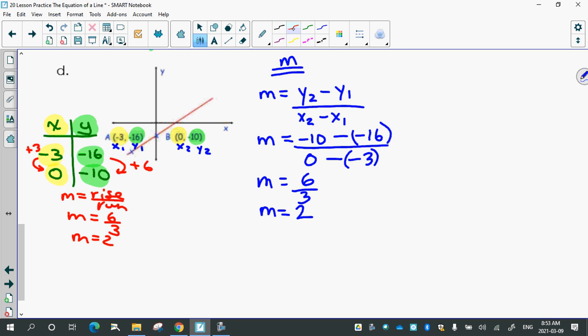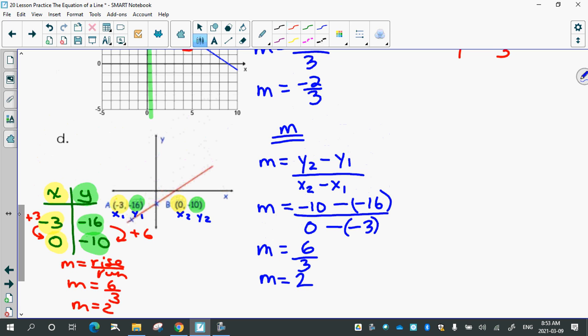Okay, so that's all about the slope. What about the y-intercept? Yes? The b coordinate is already added. Oh, we're lucky. They gave us an easy one because the coordinate they gave me for b is right on the y-axis.